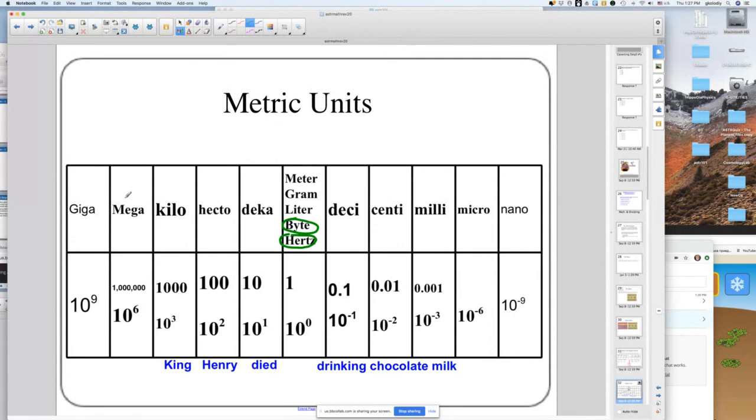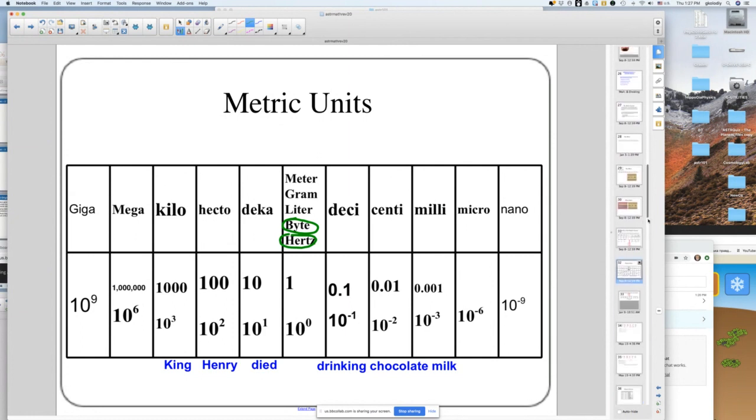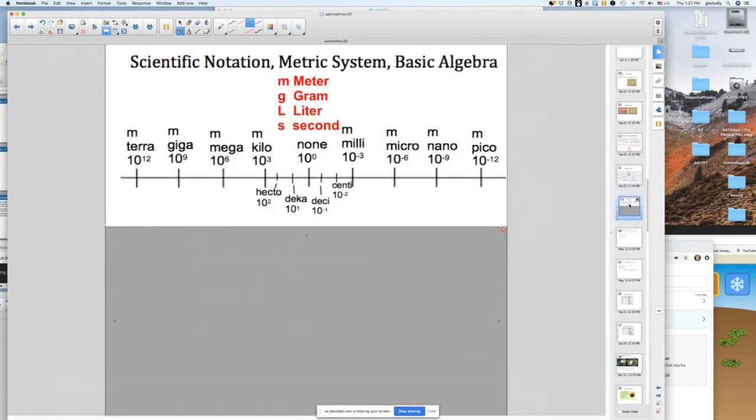So all these prefixes are used in modern life, and you've been using them, probably didn't know they were part of the metric system. Okay, so again, we have here the whole thing from tera, giga, mega, kilo, and then the ones here that go hecto, deca, deci, centi, and the unit here could be any one of these.